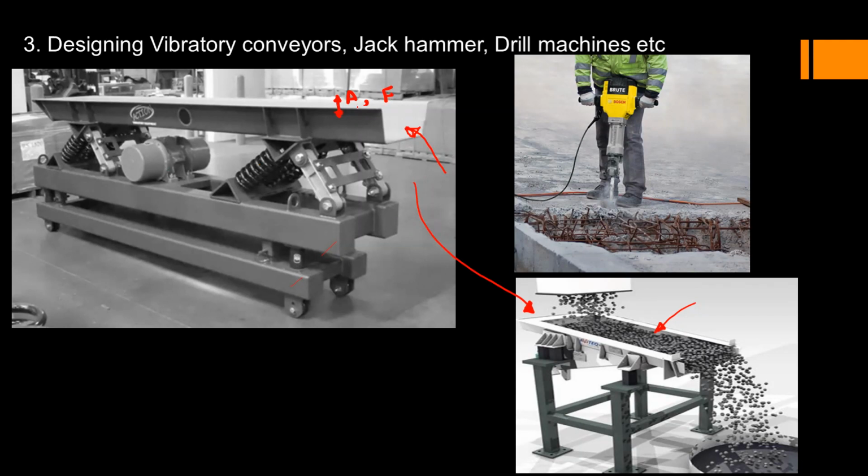This amplitude and force is created with the help of the spring arrangement. The spring is connected with the conveyor, and the forced vibration or force is created with the help of a motor. We will study this in detail. This is a rotating unbalance.